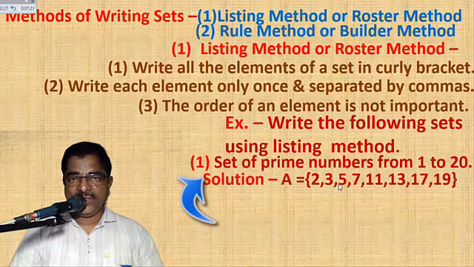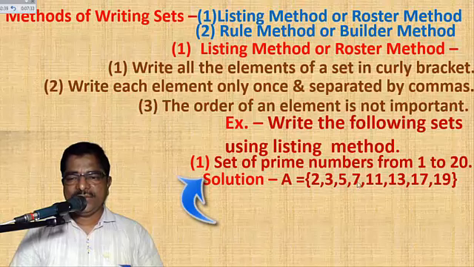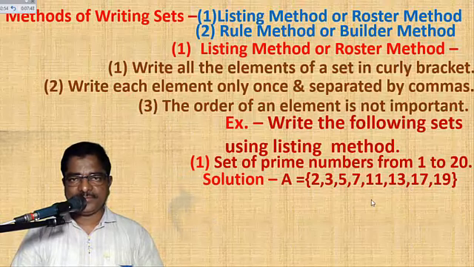Then 4 is not a prime number because the factors of 4 include 2 times 2, therefore that is not a prime number. Then next 5, 7, 11, 13, 17 and 19. These are the prime numbers from 1 to 20. This is the listing method.